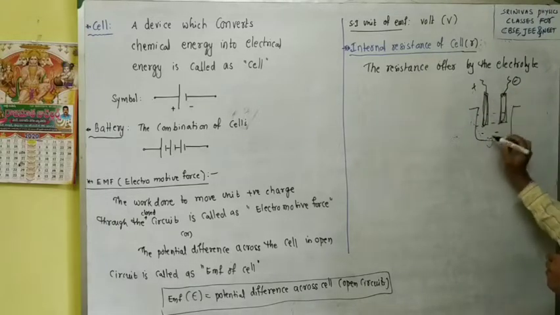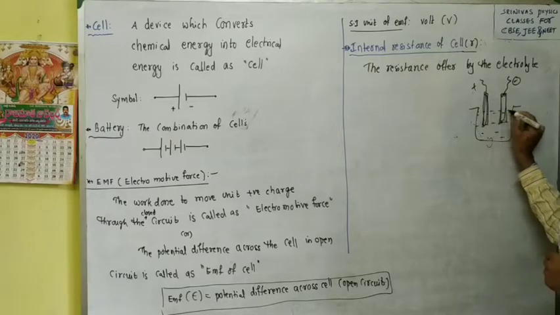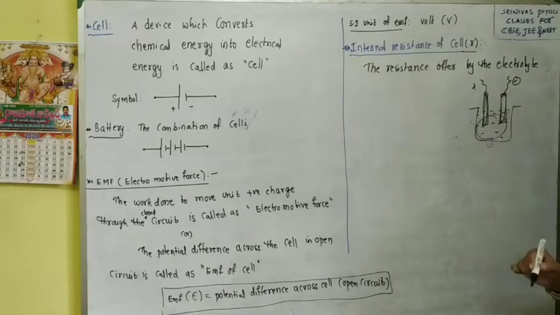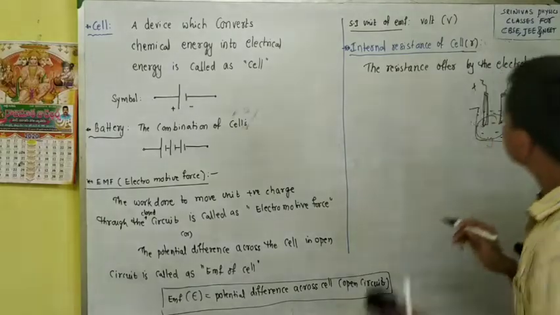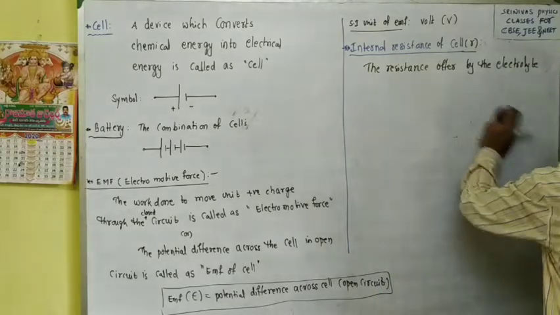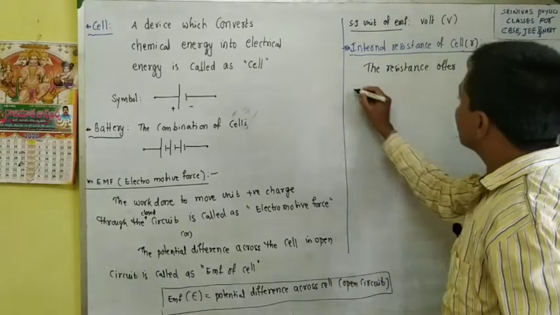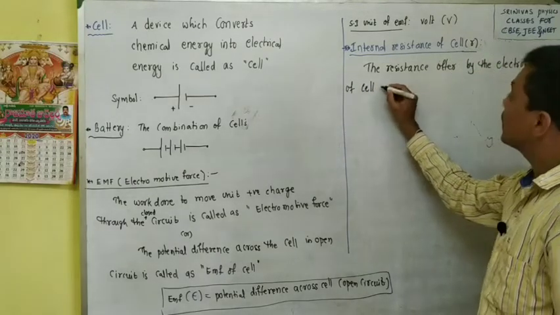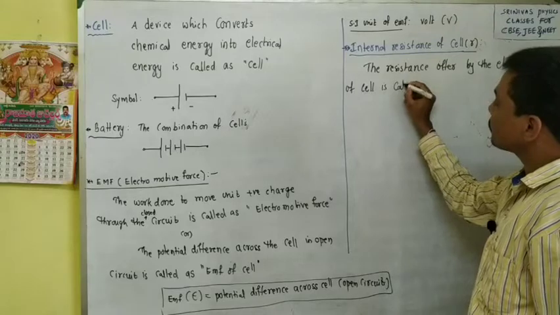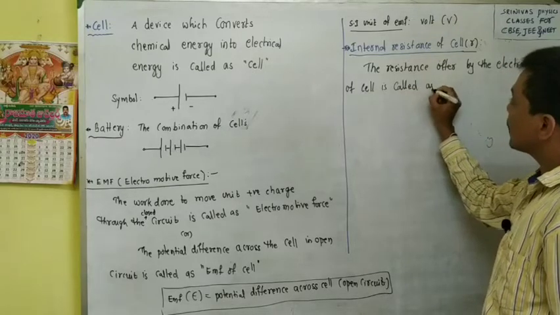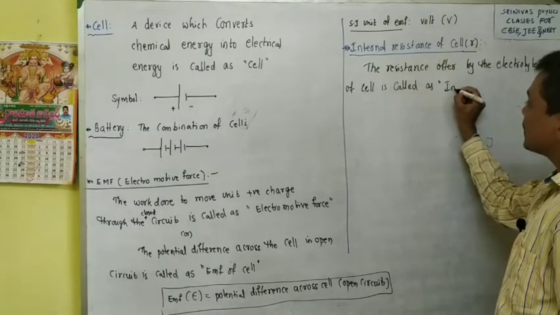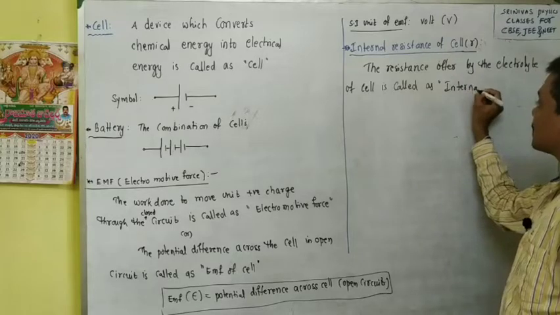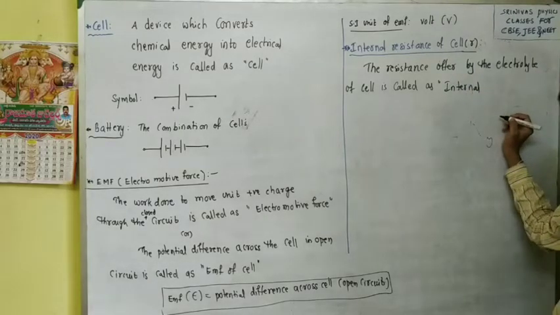When the current passes, this electrolyte also opposes the flow of current. The resistance offered by the electrolyte of the cell is called the internal resistance of the cell. Inside the cell also some resistance is there.